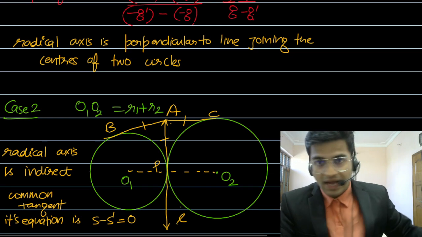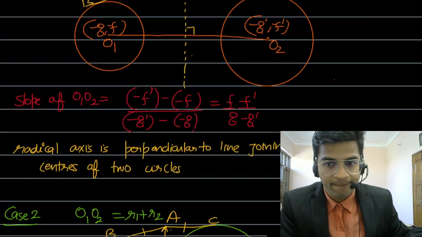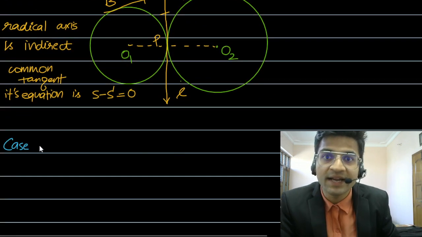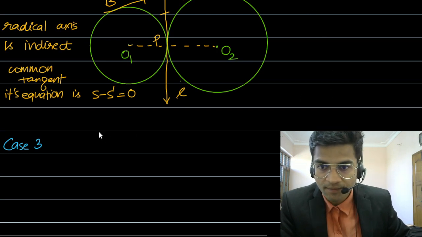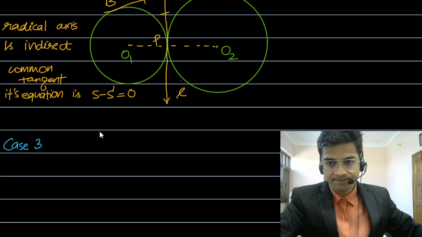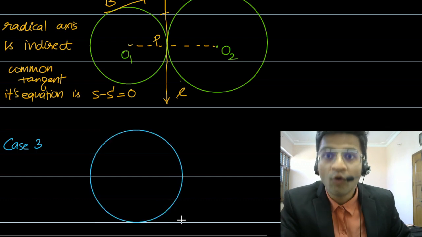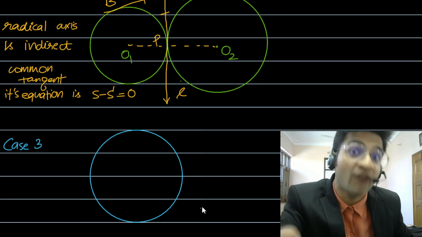Case 3, another interesting case. Case 3, that is, two circles are intersecting. O1 O2 will be less than R1 plus R2 but greater than mod of R1 minus R2.